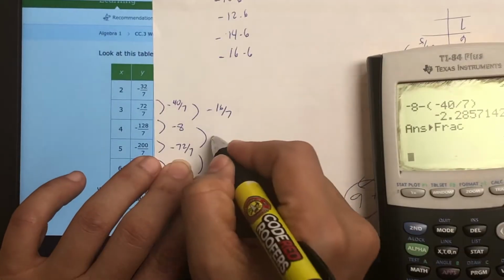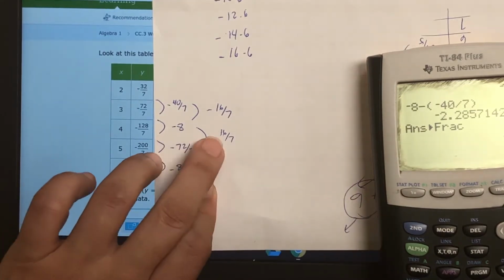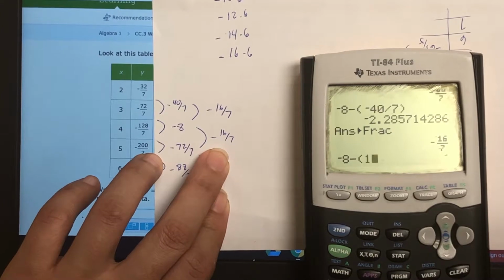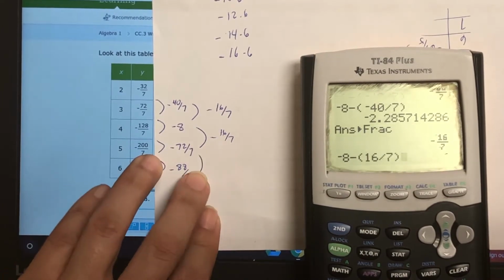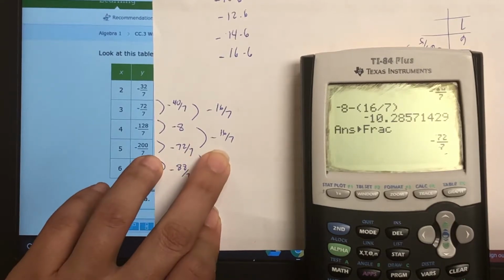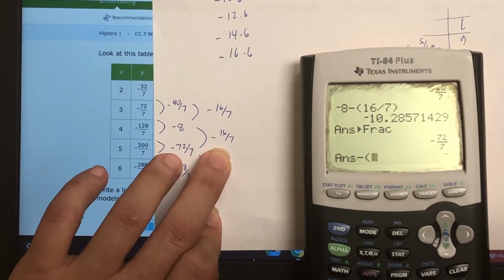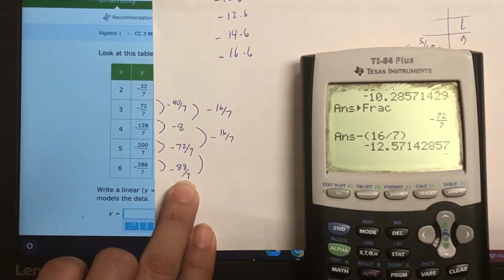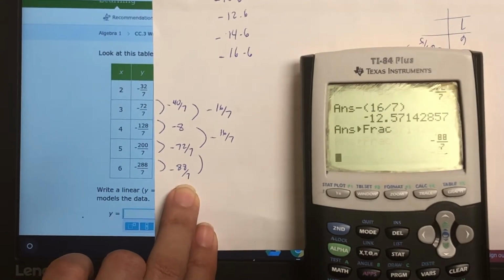It should be negative 16 over 7. This minus this gives me this. So negative 8 minus, in parentheses, 16 over 7. Does that give me 72? Math, enter, enter. Yes. If I do it again, in parentheses, 16 over 7. Does it give me that one? Yes, it does.